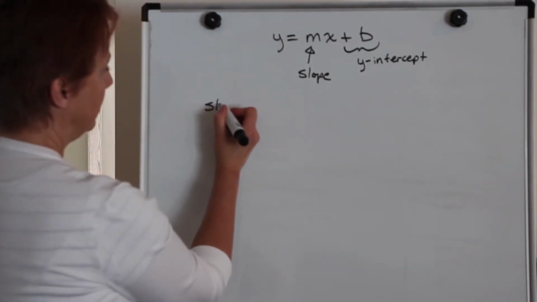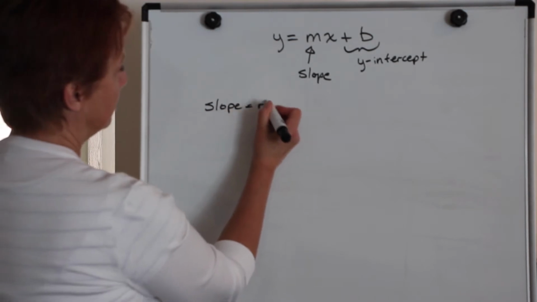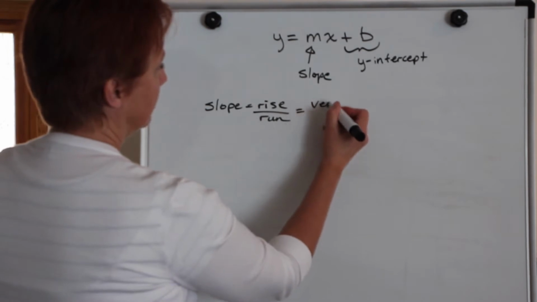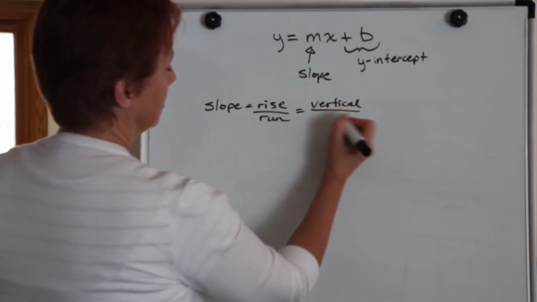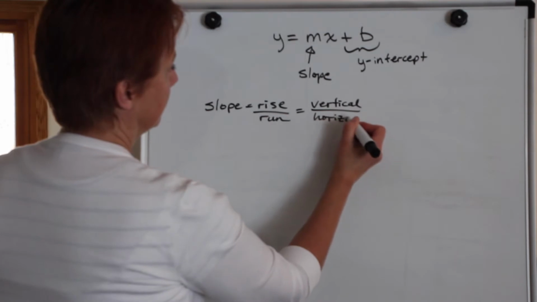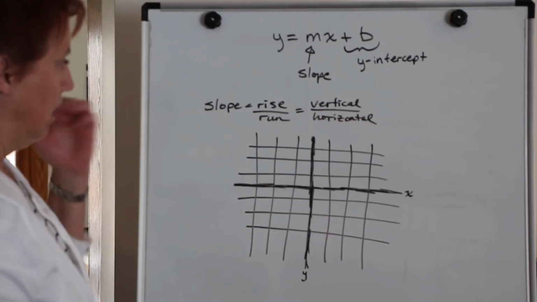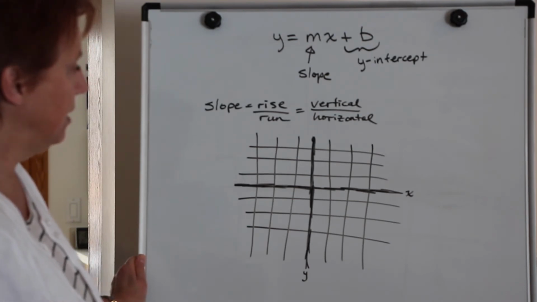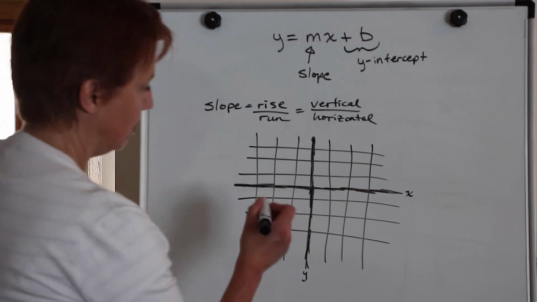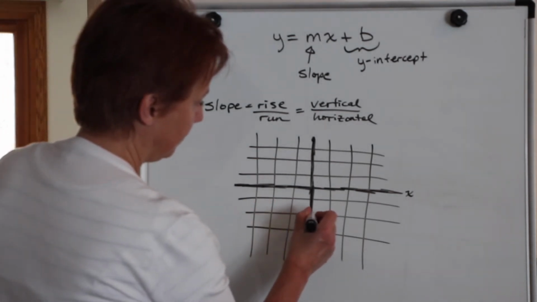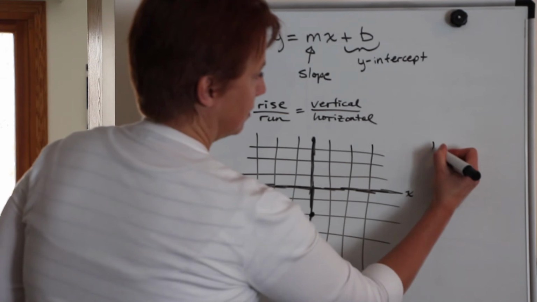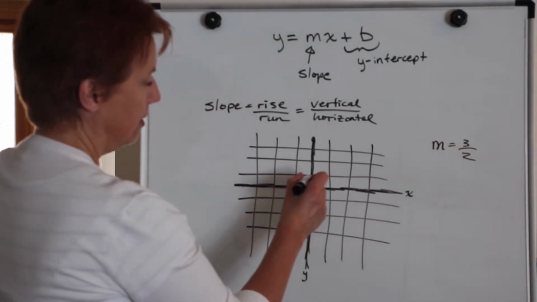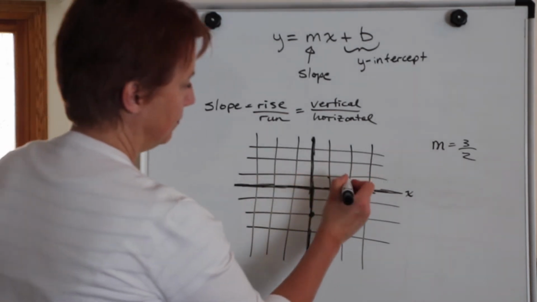So slope is defined as rise over run. Or another way you can think about it is the vertical distance over the horizontal distance. So on this grid, let's graph a slope that is 3 over 2, okay? So if I have a point right here, a slope of 3 over 2 will mean I'm moving up 1, 2, 3 and over 2.